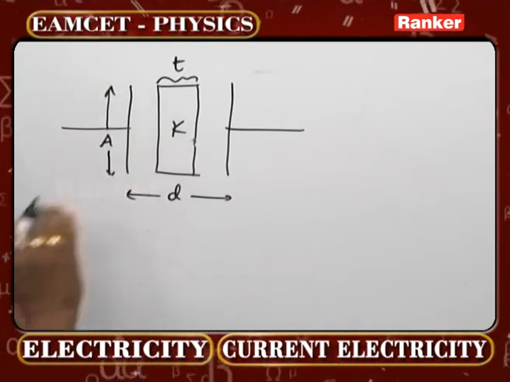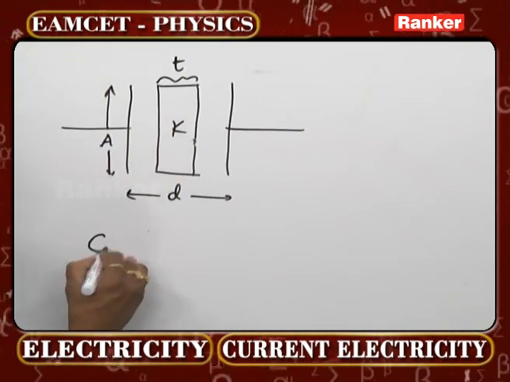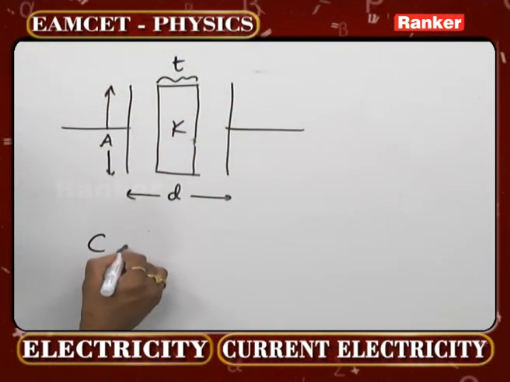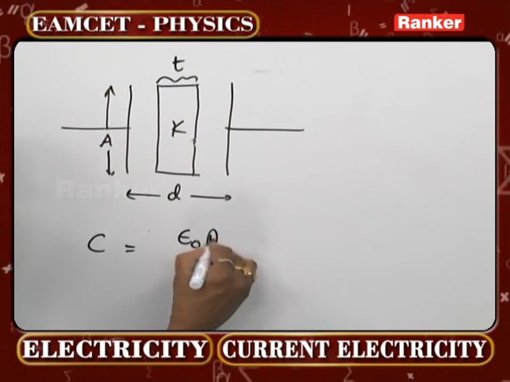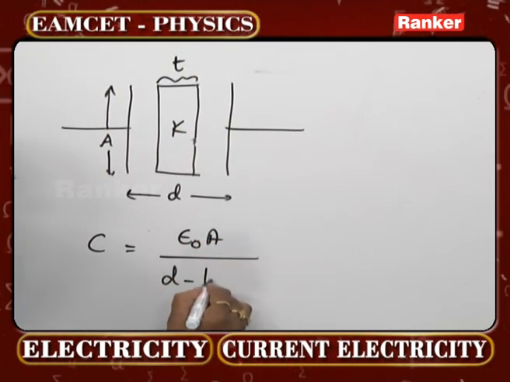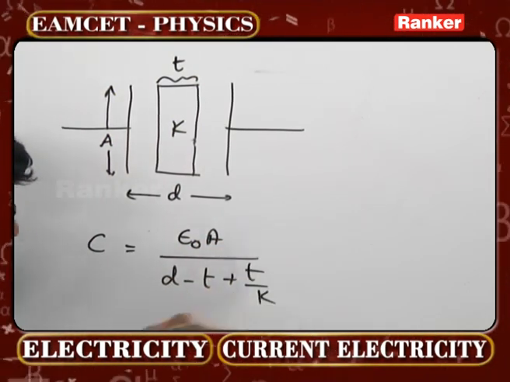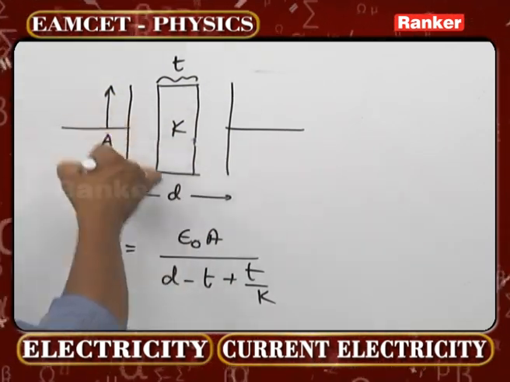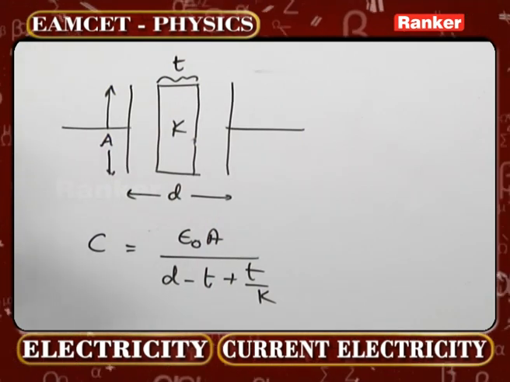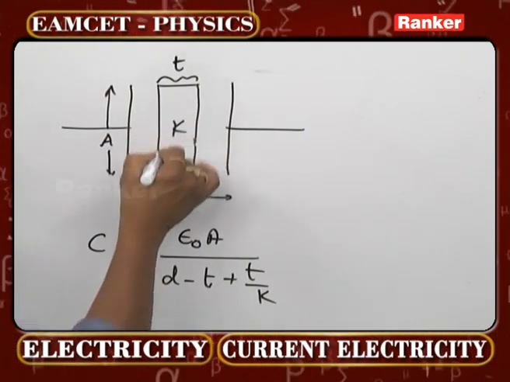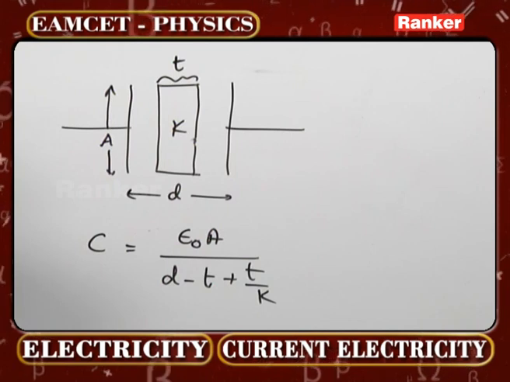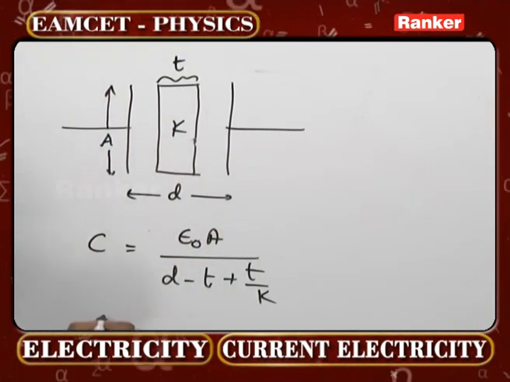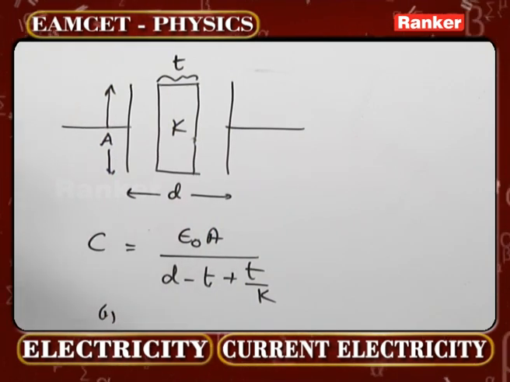That's one concept. Now what will be the capacity of this particular system? It can now be written as epsilon naught A by D minus T plus T by K. This is the formula by means of which we can estimate the capacity of a parallel plate condenser when a dielectric of constant K having a thickness T is introduced between the plates. Now here there are three separate subconditions.